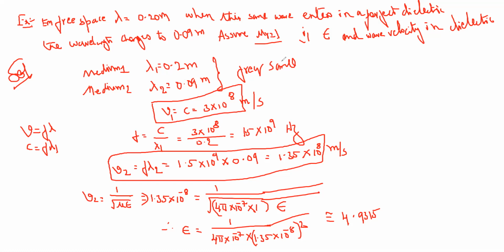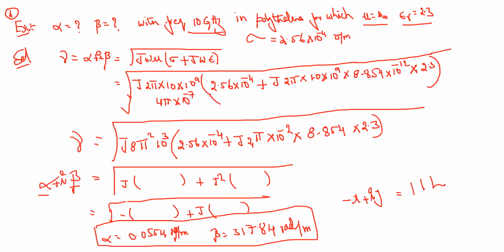Then after it is moved towards another medium, that velocity changes when the wavelength is also changes 1.35 into the power of 8, and V2 is equal to 1 by under root of mu epsilon. And coming to the fourth example, the gamma is equal to j omega mu sigma plus j omega epsilon. Substitute all the values and find the alpha and the beta. Got it, madam?